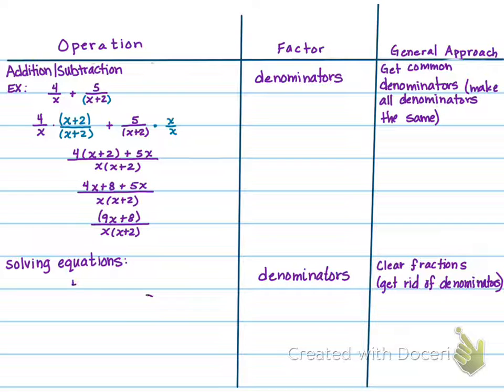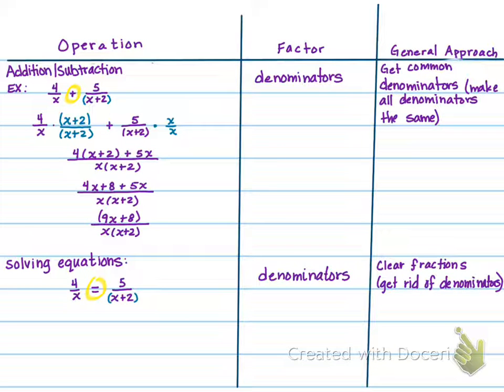If I have 4 over x equals 5 over x plus 2. Again, I'll put this in parentheses. So now the big difference between these two problems, even though visually they look pretty similar, is that here I'm adding two expressions and here I'm actually solving an equation.